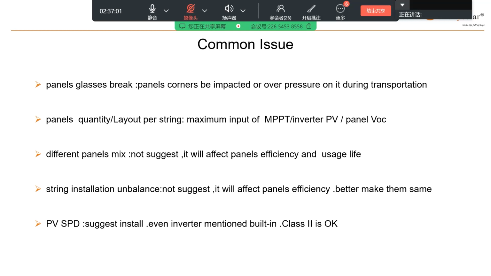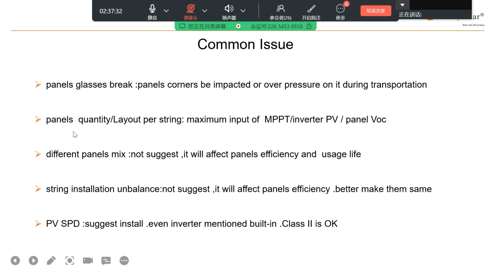I got feedback from many countries and customers because the transportation or the package is not good. So the panel corner is impacted, and the glass easily breaks totally. So when you transfer or install the panels, please be careful.